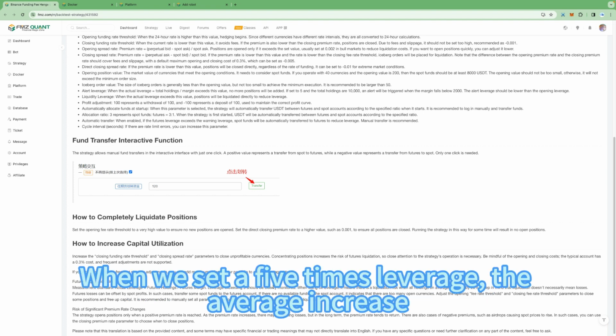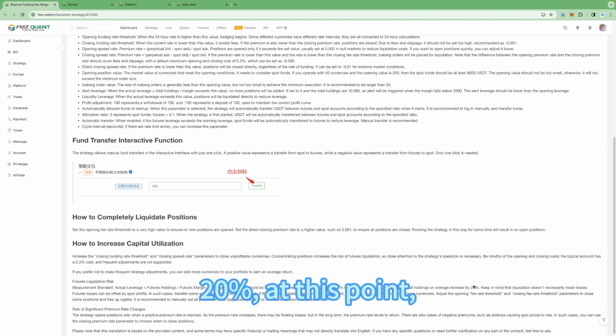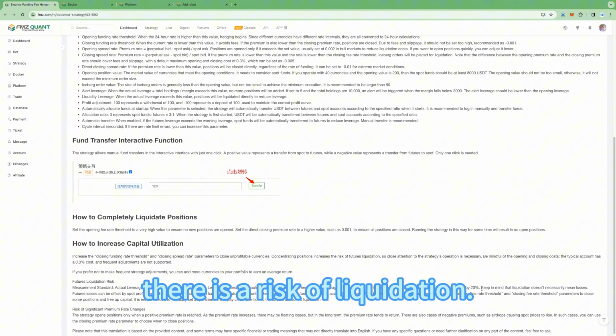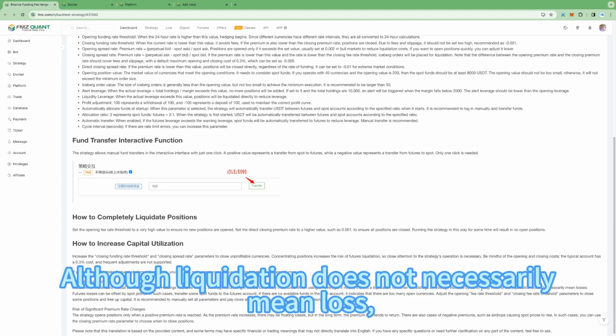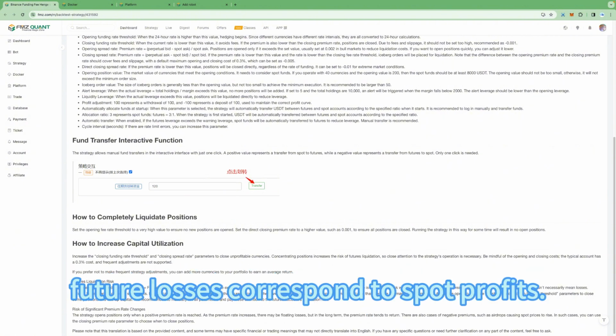When we set a 5 times leverage, if the average increase in all holding currencies is more than 20%, there is a risk of liquidation, although liquidation does not necessarily mean loss. Futures losses correspond to spot profits.